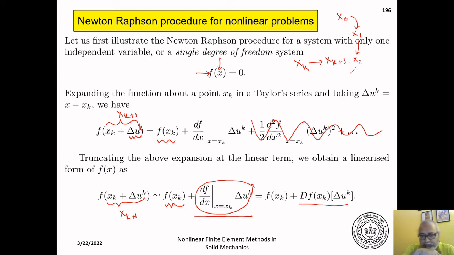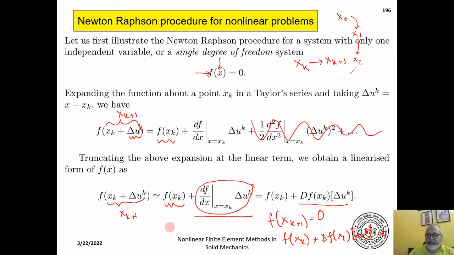Now let us hope that xk+1 is a better estimate. So let us now set f(xk+1) equal to 0, and if we do that, we have f(xk) plus d of f(xk) delta uk equal to 0.